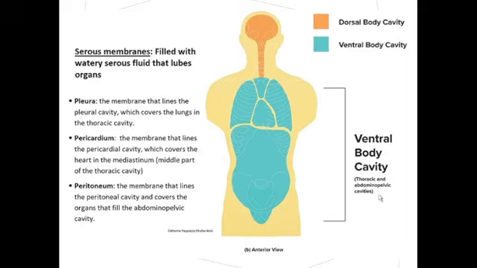Cardio means the heart, so it covers the heart, while pleura covers the lungs and the thoracic cavity. Next, we have the peritoneum, which is the membrane that lines the peritoneal cavity, the abdominopelvic cavity, and many of its organs.